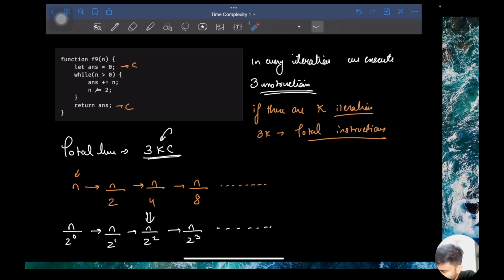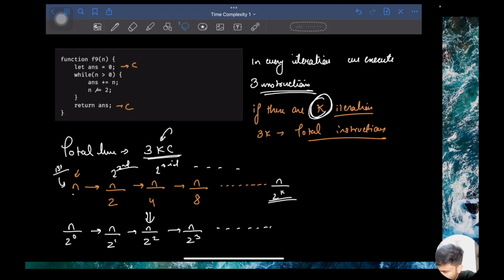If there are total k iterations, then let's say this is the 0th iteration, then this is the first iteration, this is the second iteration, and so on. Or you can even consider one-based iteration, that this was your first iteration, this was your second iteration, this was your third iteration, and so on. If last is your kth iteration, then at last it will be n by 2 raised to the power k?